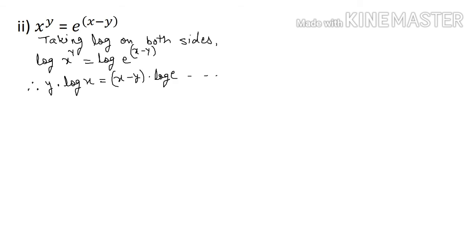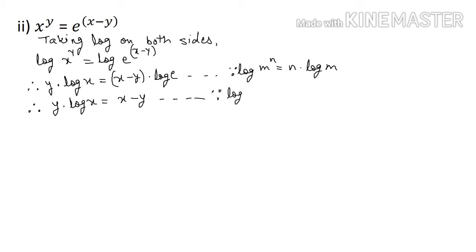You know this rule, log of m raised to n is equal to n into log m. Now log e is 1. So we get, therefore, y into log x is equal to x minus y, since log e is equal to 1.